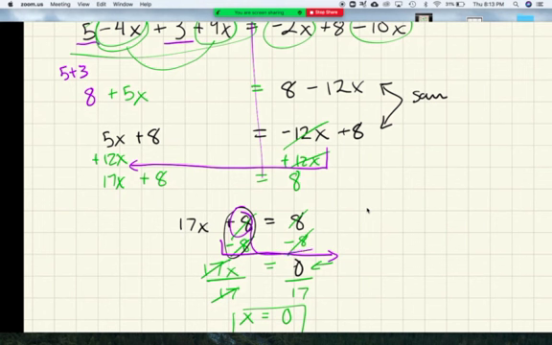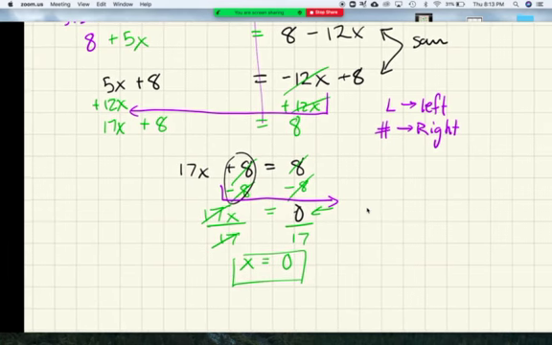So in this case, letters went to the left, and then numbers went to the right. But letters to one side, numbers to the other. Yeah. All right, I'm going to call it there. And if you're going to keep working, good luck.